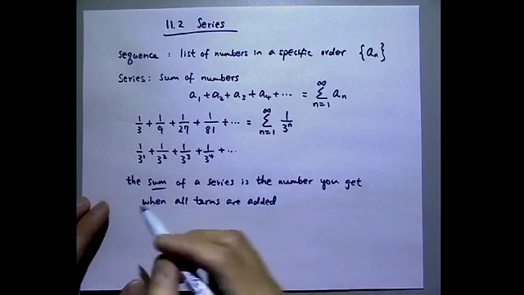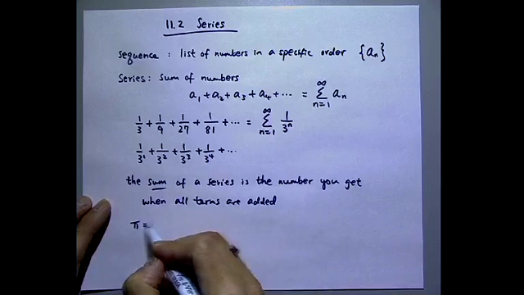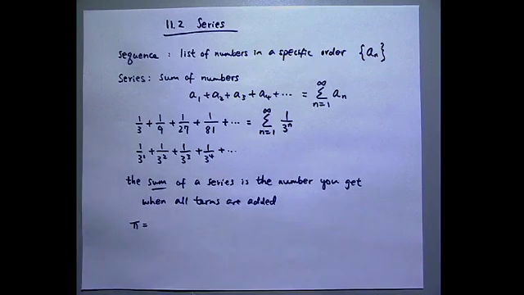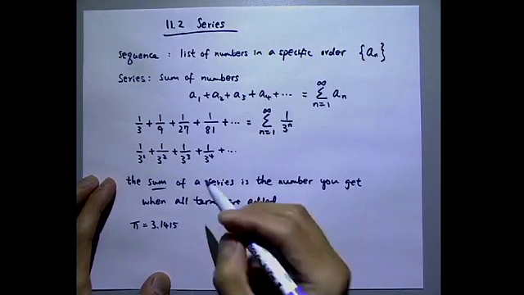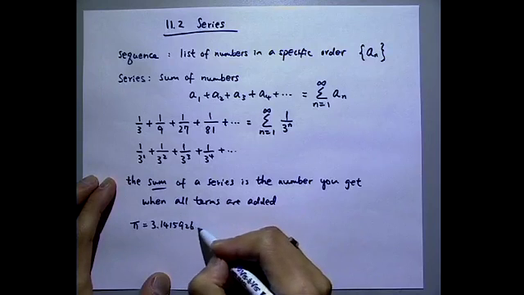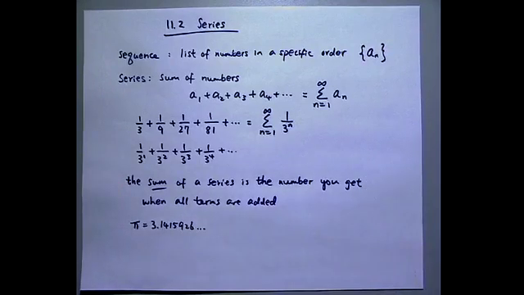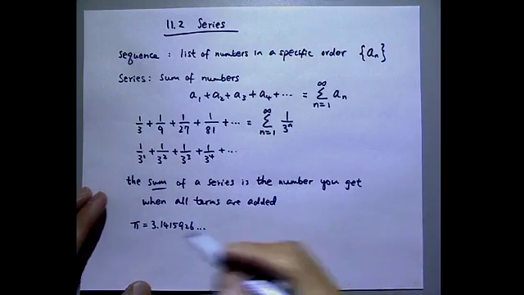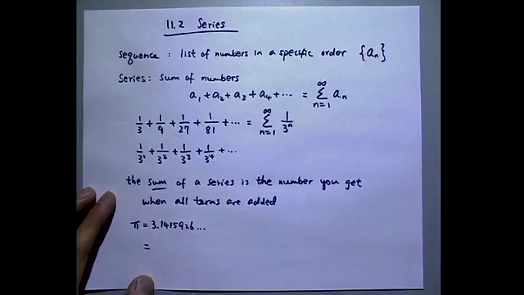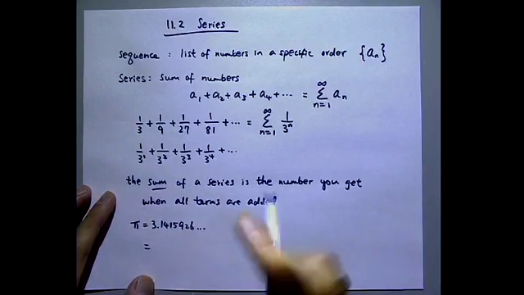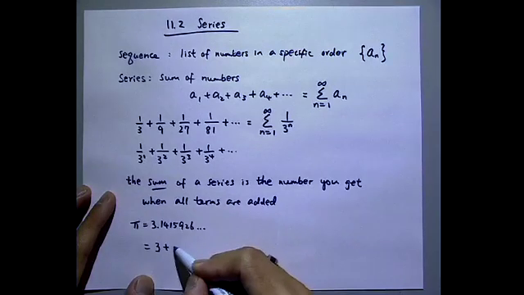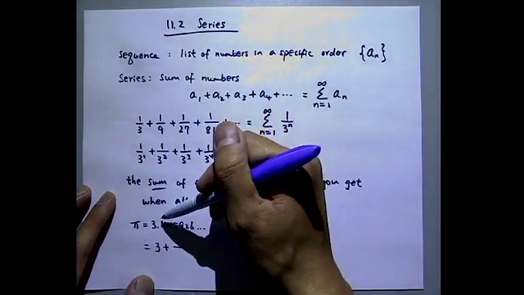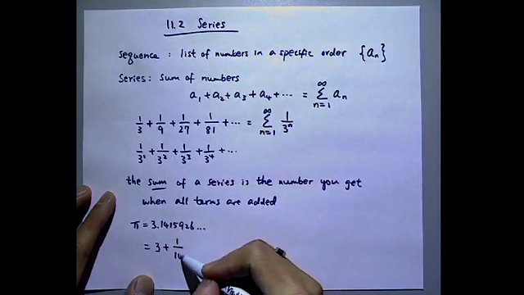For example, take the number pi. We know this is an irrational number, and of course the digits continue forever. Now, if you think about how we get this number, we get it by starting with a 3, and then we add to it 1 over 10, right?